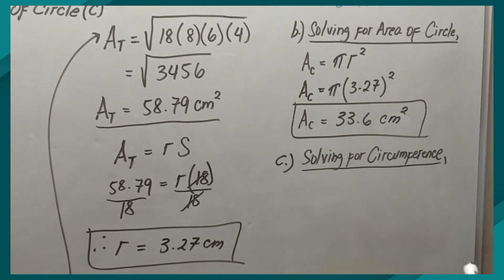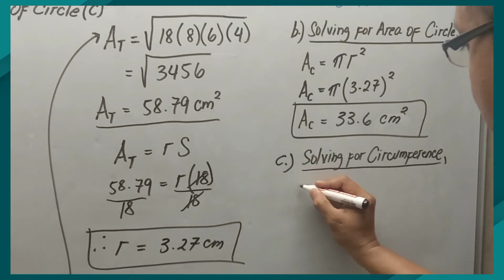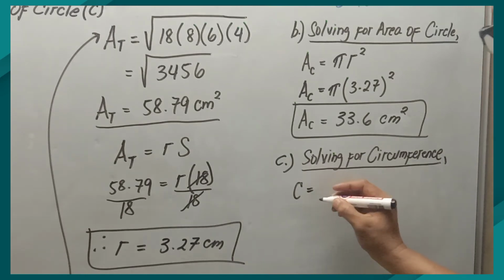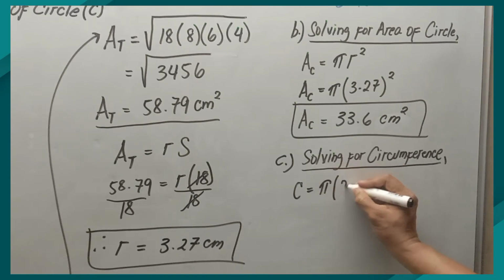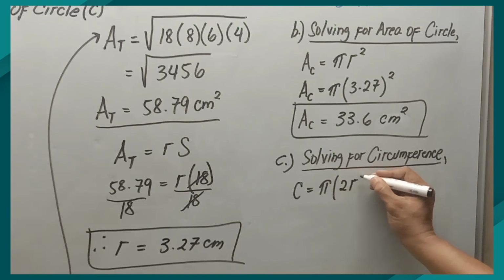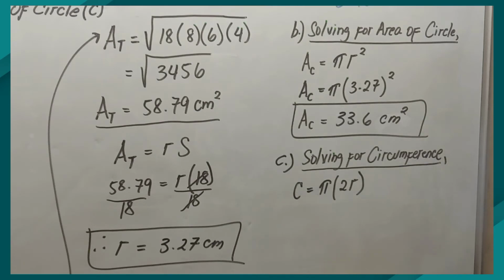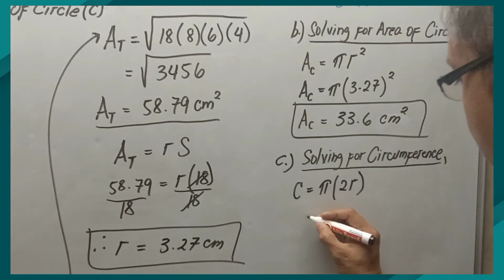So we can write also the circumference of the circle, C is equal to pi times 2r. Okay, twice the radius. Pi d, d means the diameter. Diameter is twice the radius, or 2r. So we can substitute, guys.